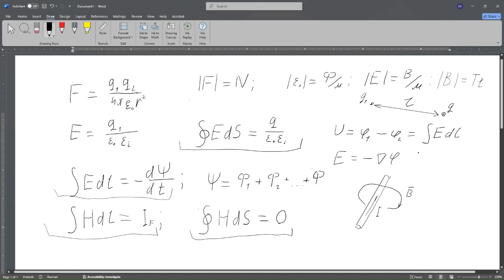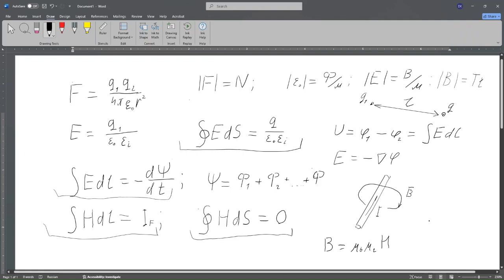Magnetic induction B. We can describe it as B equals the magnetic constant, the basic constant, times the specific constant, times the magnetic field tension. And we have B, magnetic induction.